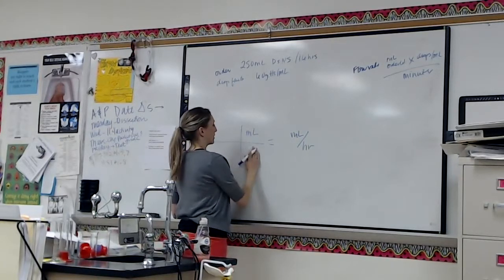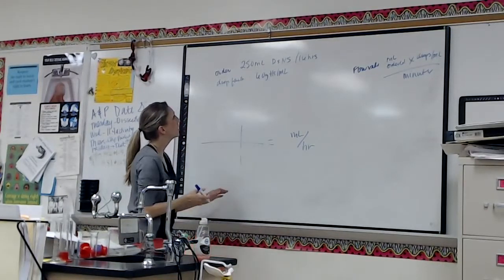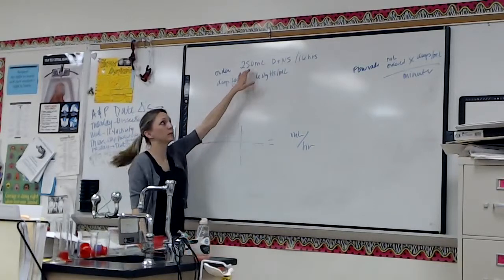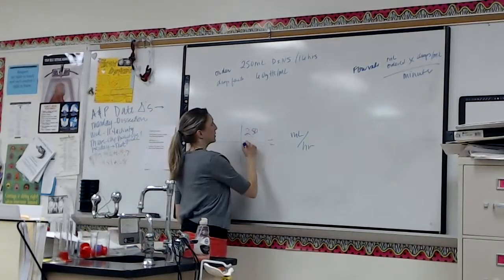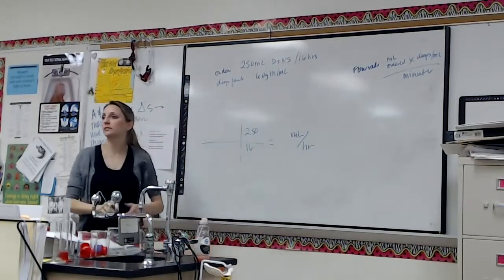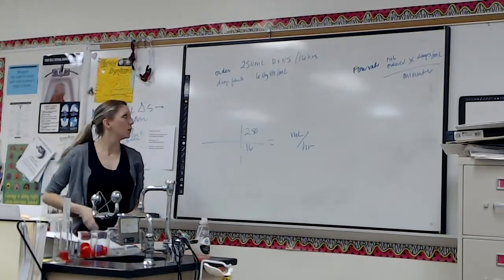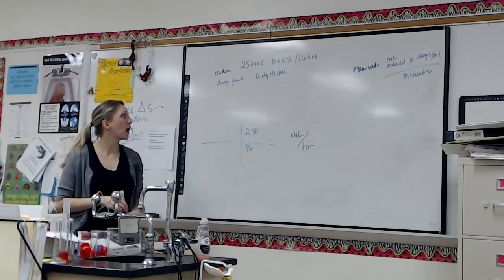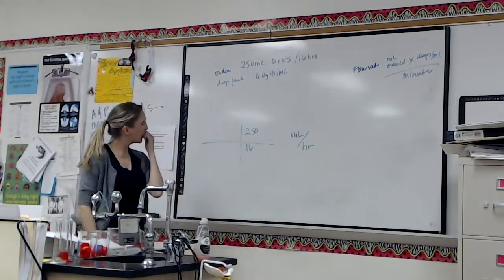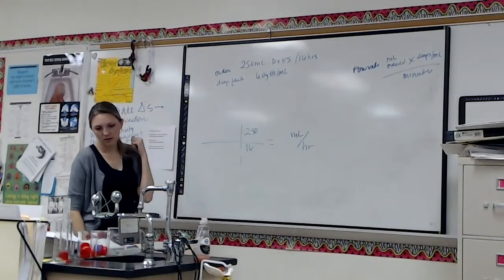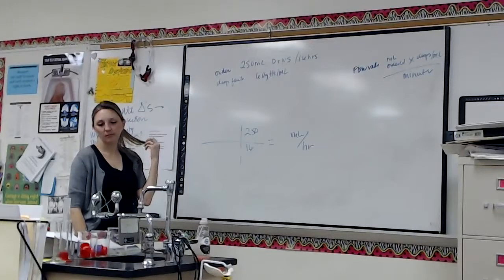Actually, we don't even need that. We want milliliters per hour. 250 milliliters per 16 hours. So that's all we have to do. 250 divided by 16. Well, how many drops did we have per minute? 16 times 60, that's too much.